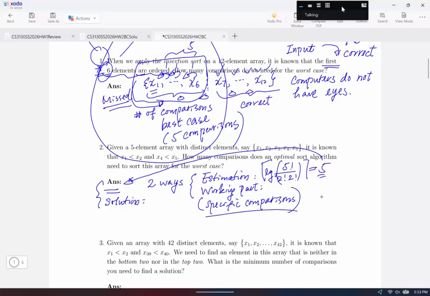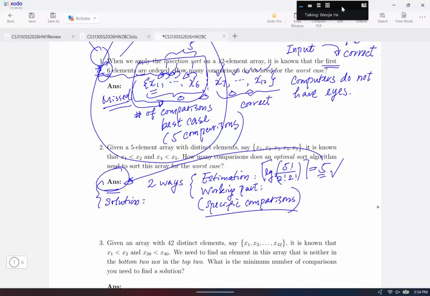But for answer type questions, this way, if your answer is correct, then you get full credit. Because I do not look at your solution details. So your solution details sometimes could be problematic. It's not perfect. But you happen to get a correct answer, I still give you full credit because that's the answer.